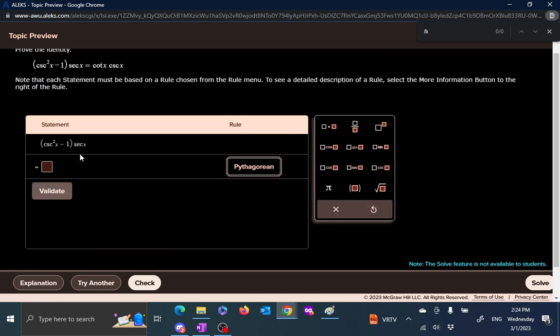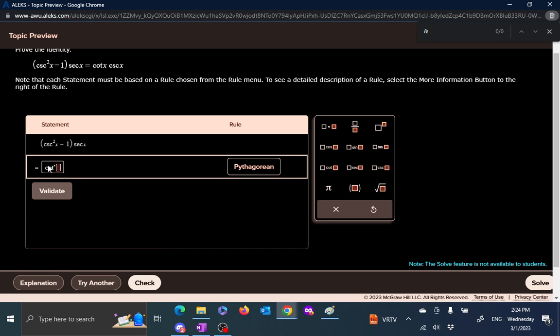So I have cotangent square of x, then times the second one, which is still there, secant of x. Where do I want to go? I want to go to cotangent cosecant. So what can I do?